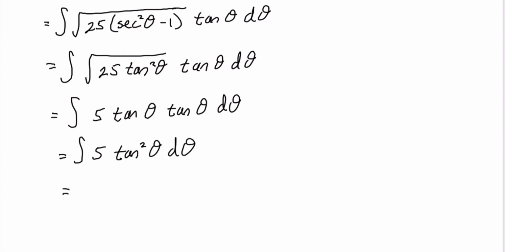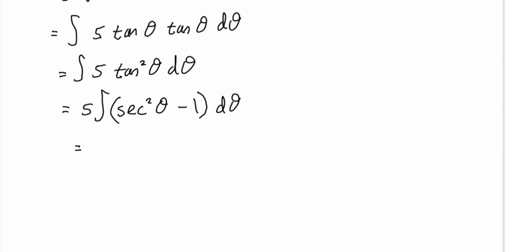Let's pull the 5 outside the integral, and tangent squared will go back to the trig identity we used earlier and replace tangent squared with secant squared theta minus 1.